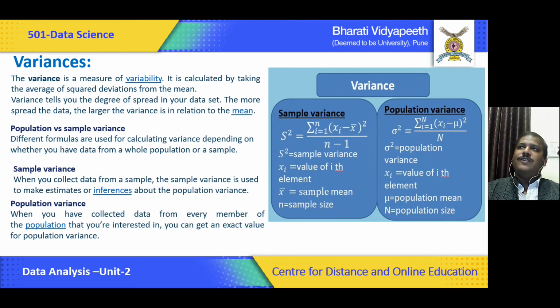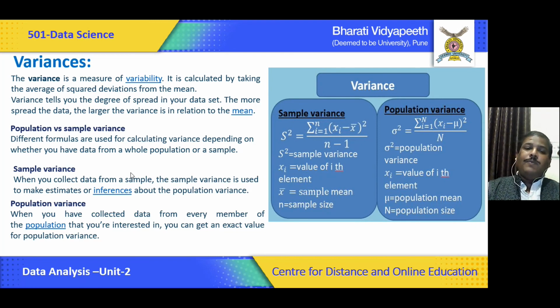When you are estimating the values based on the sample variance, we have the formula: 1 over n minus 1, summation from i equals 1 to n of xi minus x bar, squared. This particular value, the sample variance, infers the total population. It tells about, it indicates, the total populations, right?